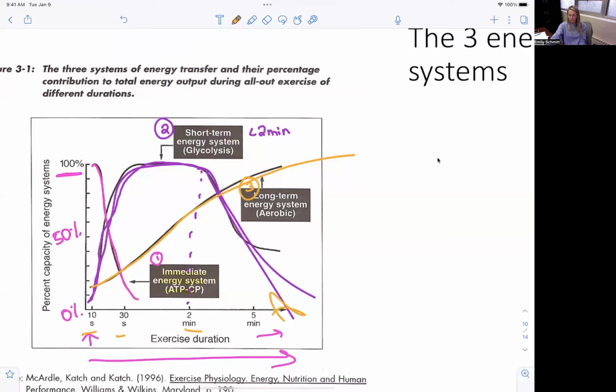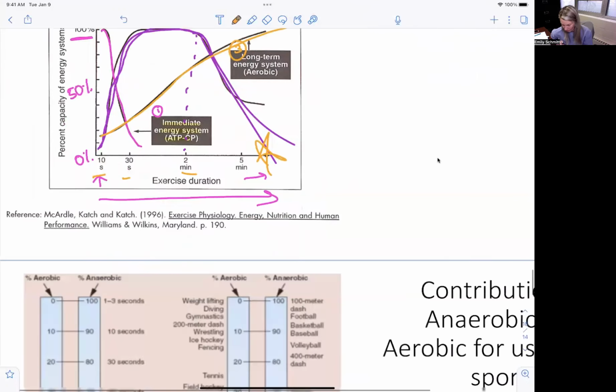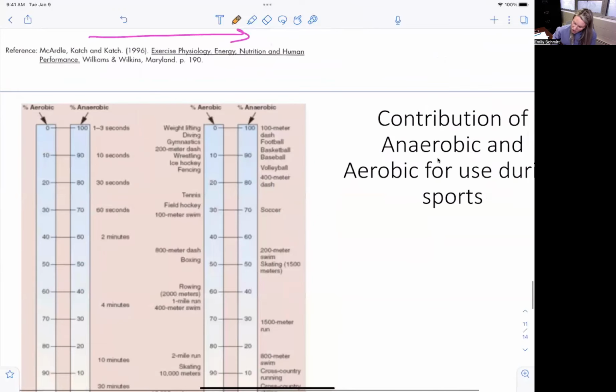That's going to kick in much later at the 5 minute and beyond mark. So really understand this graph and really make sure that you read questions and understand if we're talking about the immediate energy system, the short-term system, or the long-term system, which will be in our next unit, which is the aerobic energy system.